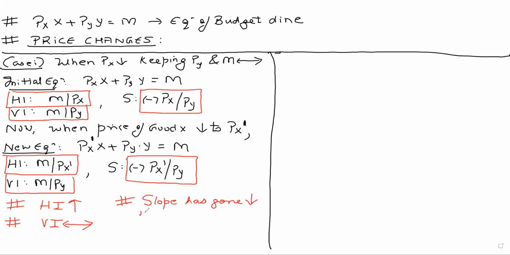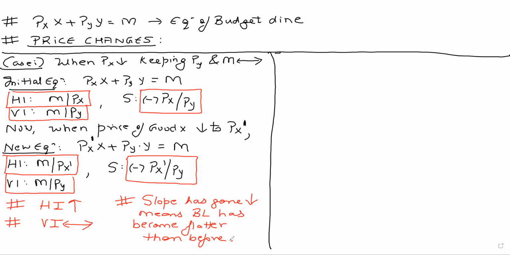Slope has gone down means budget line has become flatter than before. Remember, guys, when slope goes down, the line becomes more flatter. When slope goes up, the line becomes more steeper. This is the fundamental concept of slope which we learn in high school mathematics.